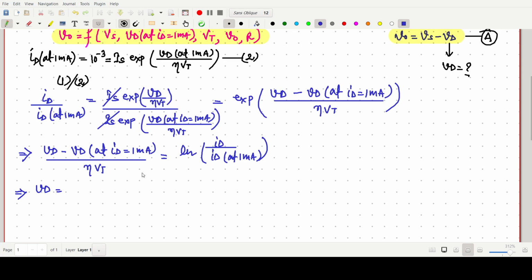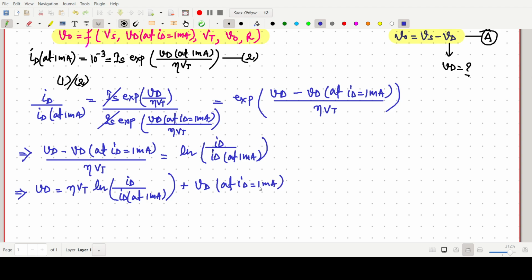This should be multiplied, so eta Vt into ln Id by Id at 1 milliampere, plus Vd at Id 1 milliampere.